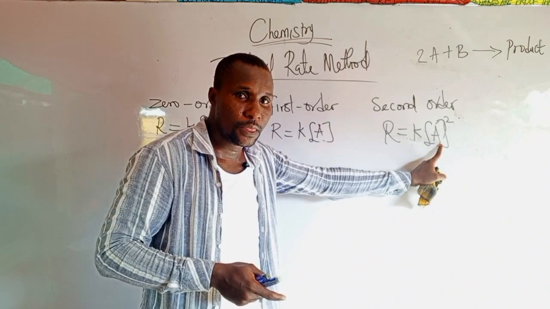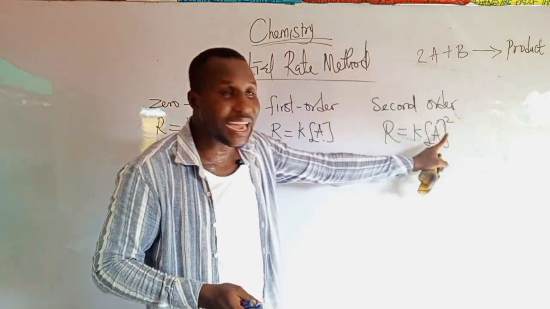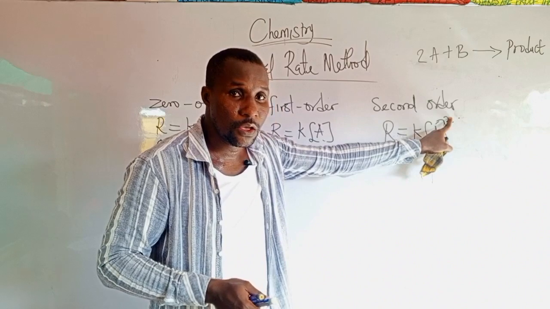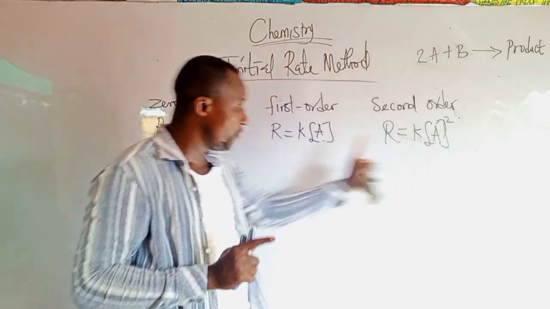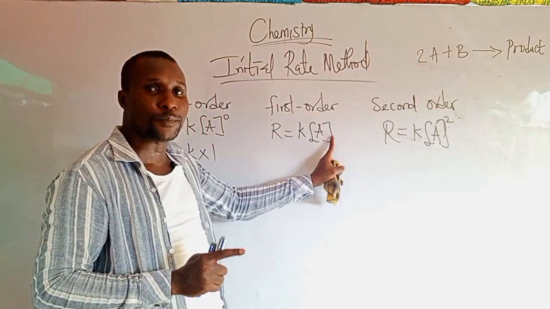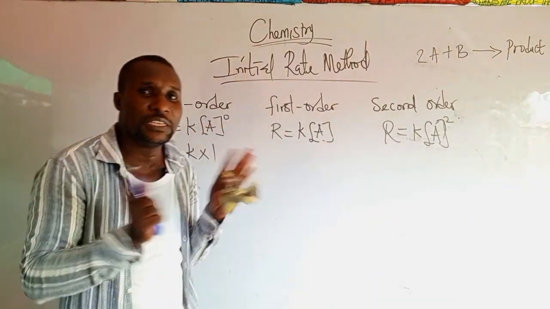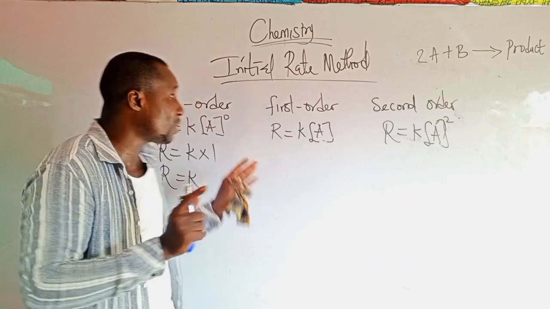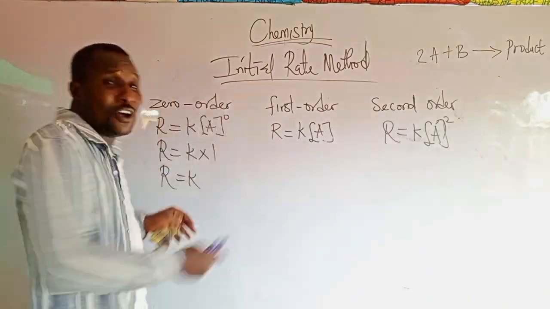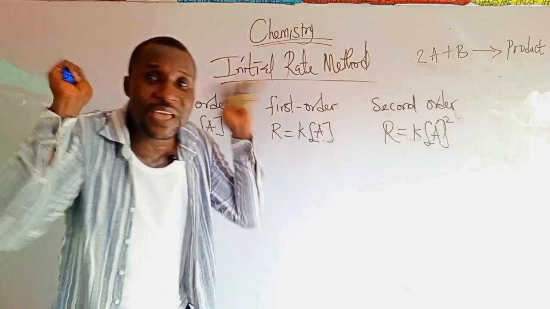In first order, it is directly proportional to the concentration of A. But in zero order, the rate of reaction does not depend on concentration.